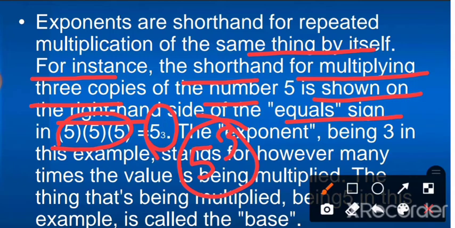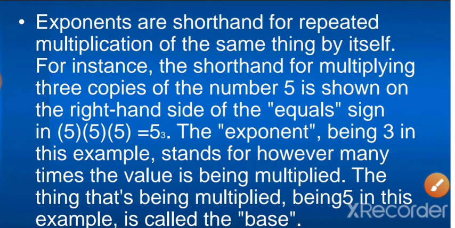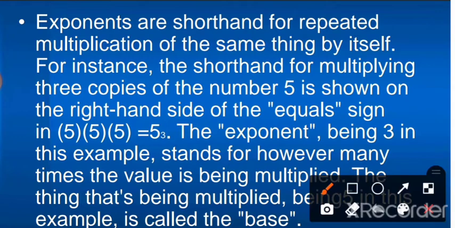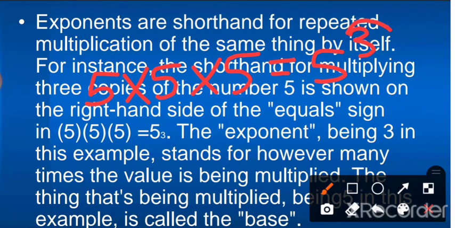The exponent being 3 stands for however many times the value is multiplied. The number being multiplied, 5 in this example, is called the base. It means 5 multiplied by 3 times, 5 into 5 into 5, so the result will be 5 to the power 3. So 3 is the exponent and 5 is the base.